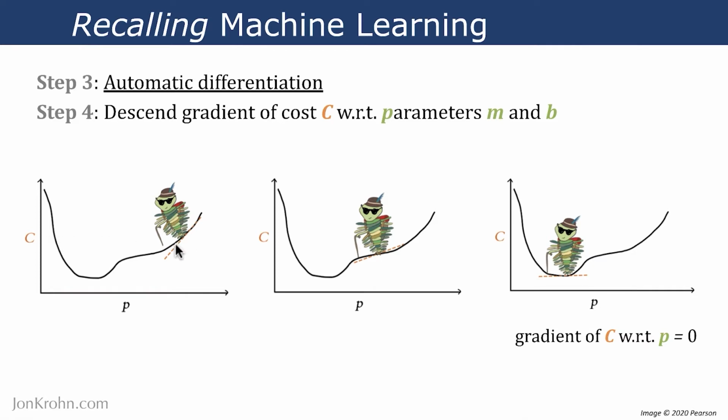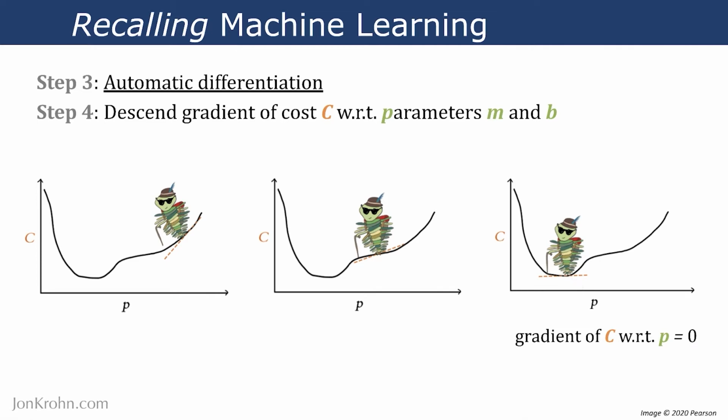And we loop through the 4 steps that I had on the last slide as many times as we need, calculating the gradient in step 3 at each of those points, and then in step 4, taking a single step in the direction of lower cost until eventually we find our way to a place where the slope, the gradient of cost with respect to the model parameter, is 0 or very close to 0. And very often, under a lot of common circumstances, that will mean that we found our way to this global minimum of cost for that particular model parameter.